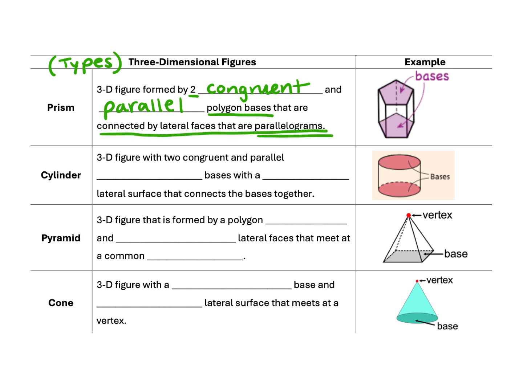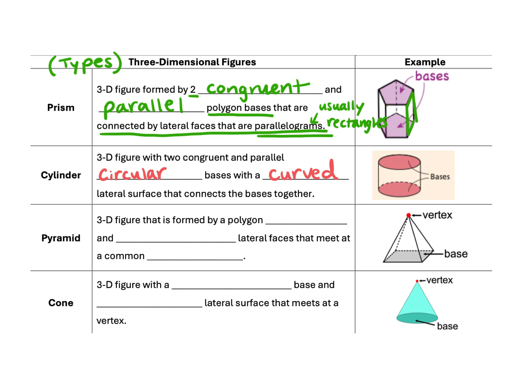And the parallelograms are usually going to be rectangles. So in this picture, for our example, the bases are pentagons, and then the lateral faces are these rectangles that connect the two pentagonal bases together.